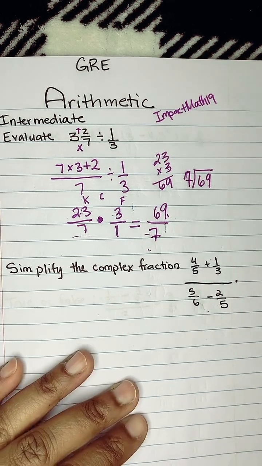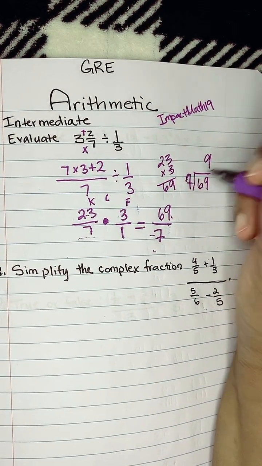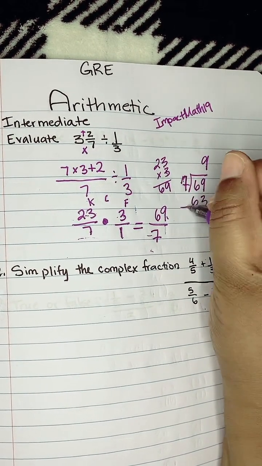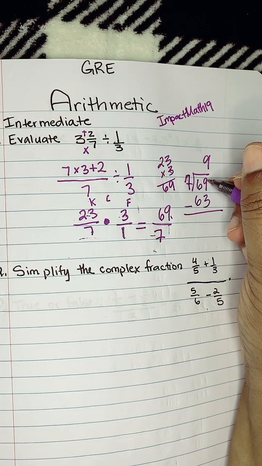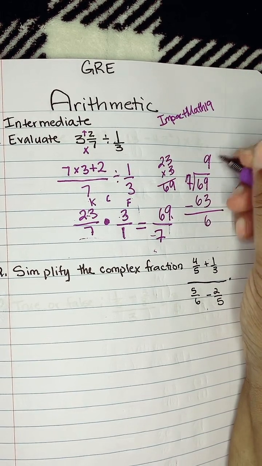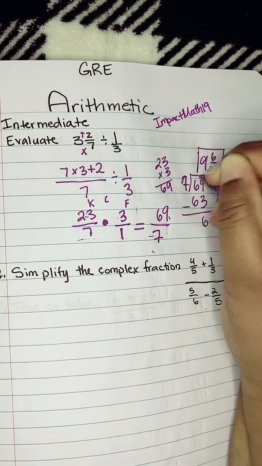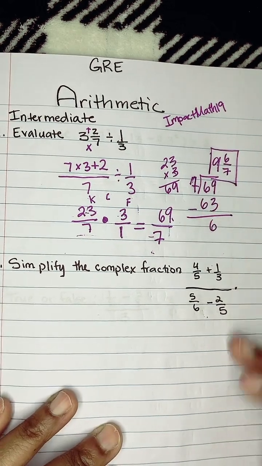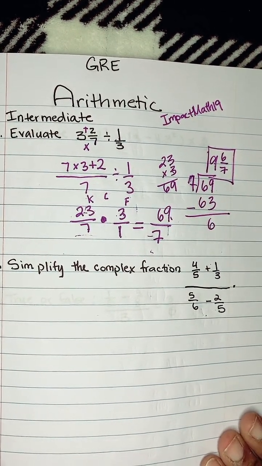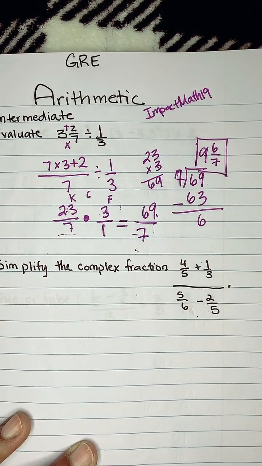I love it. So we have 9 here. And 9 times 7 is 63. And then 9 minus 3 is 6. So we're going to make this 9 and 6 over 7. And that is our answer. 9 and 6/7. Beautiful.